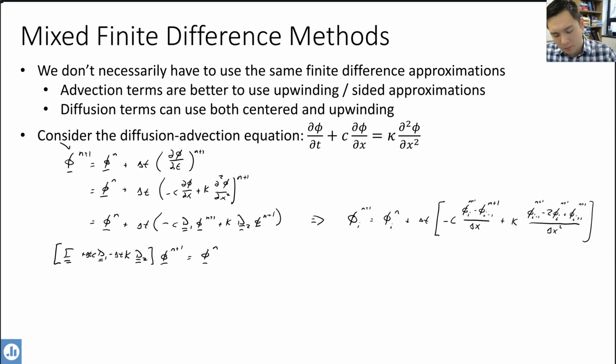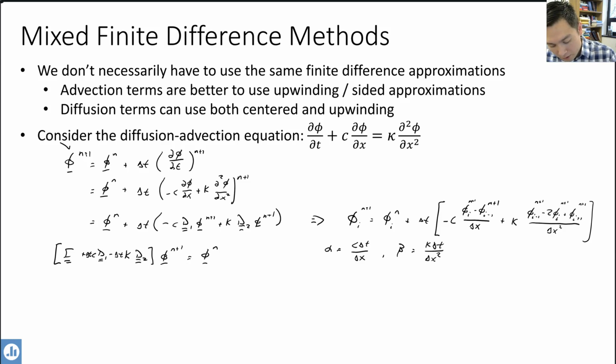Okay. So if we wanted to make the substitutions, alpha is equal to c delta t over delta x, and beta is equal to kappa times delta t over delta x squared, we can rearrange our equation and get the following.